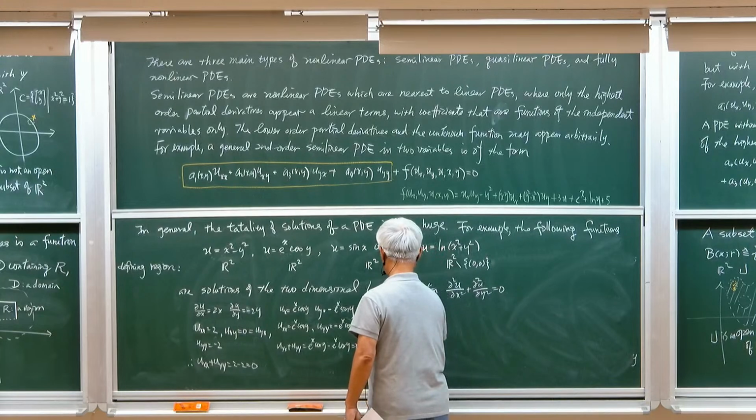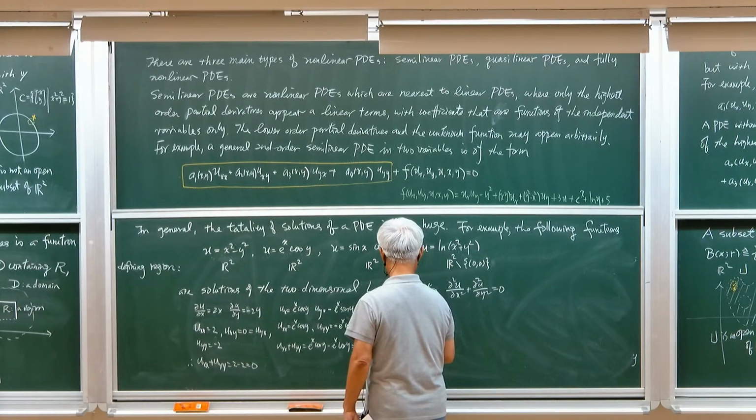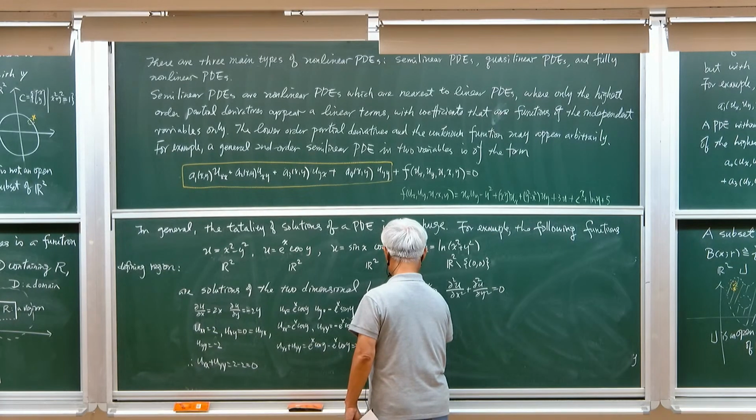And the u_xx gives you minus sine and cosh y, and the u_yy.